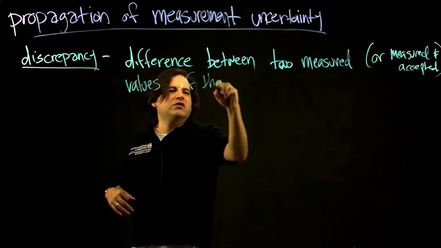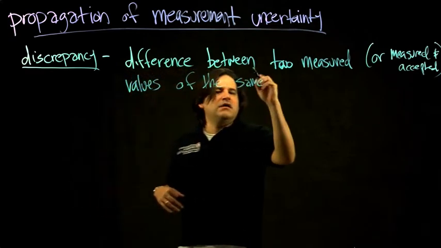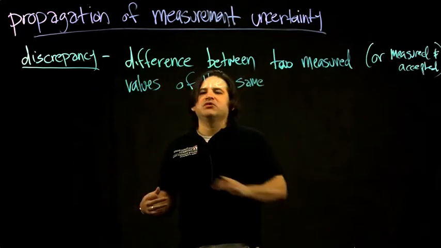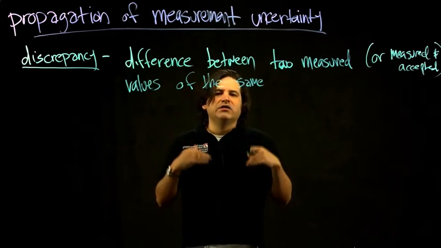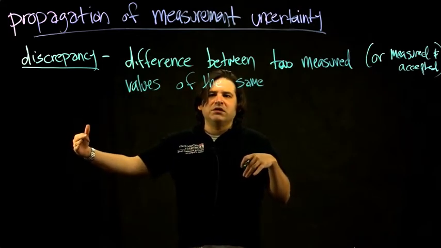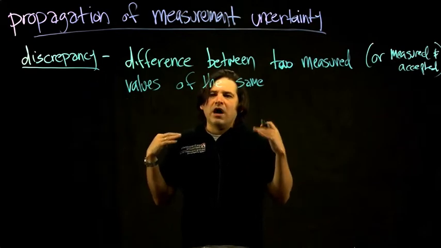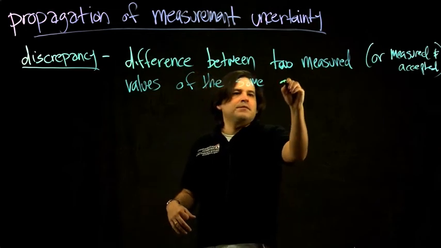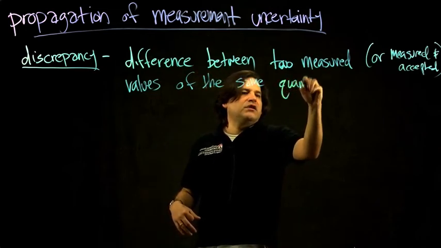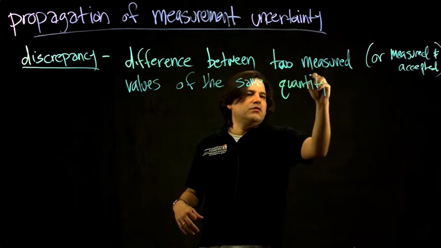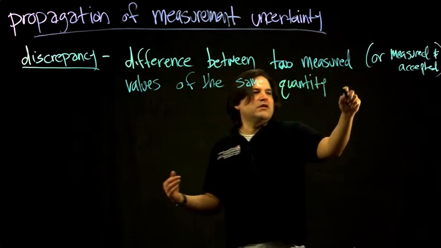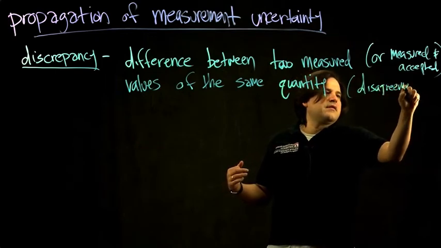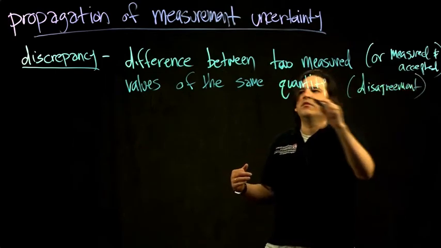If I do this measurement twice in one experiment, what is the discrepancy between these two measurements? Or I do this measurement once, someone else does this measurement once, what is the discrepancy? Or I use two different tools for the same measurement, what is the discrepancy? Or how does this compare to the expected or accepted value? Another way of saying it: what is the disagreement? And you quantify that by subtracting them from one another.